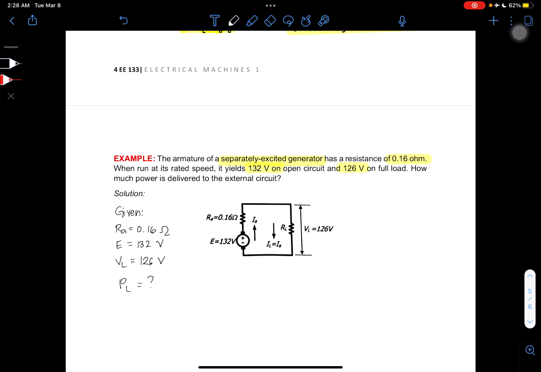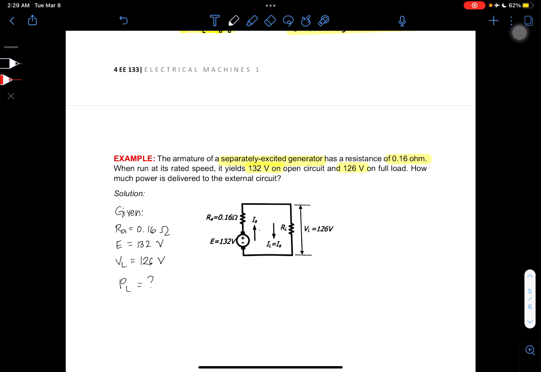To draw our equivalent circuit, our RA is connected to the source, the generated EMF. Through RA travels the armature current, and then our RL, and our IL is equal to our IA. And our VL is 126 volts.